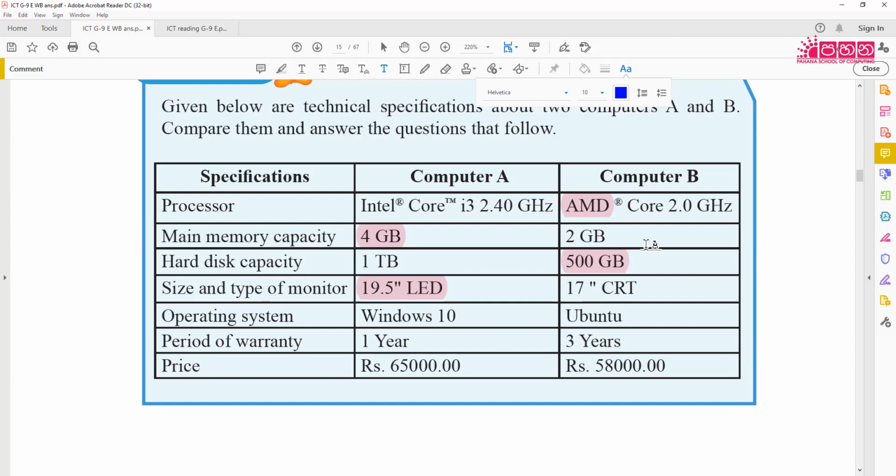The processor is also high. Another one is Windows 10, because Ubuntu is free, and Windows 10 you have to pay extra money for that, right? So the reasons are the high processor capacity, 2.4 gigahertz, high memory, 4 gigabytes, high hard disk capacity, 1 terabyte, a large monitor, 19.5, and as well as Windows 10.